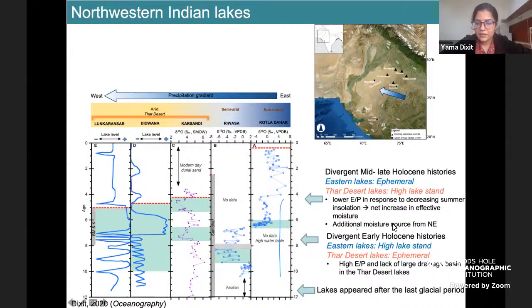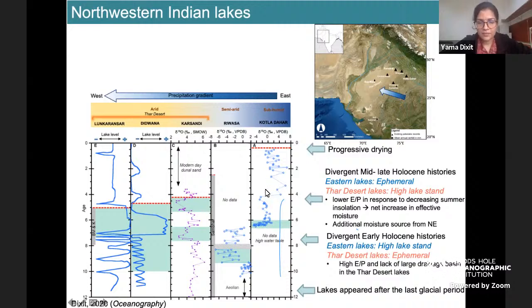And you can see that the net effective moisture in these lakes in the Thar Desert therefore was high, and therefore during the mid Holocene they record high lake levels. And also there are papers which indicate that there was additional moisture coming in from the northeast into the lakes, and that's why they were in the freshest phase during the mid Holocene.